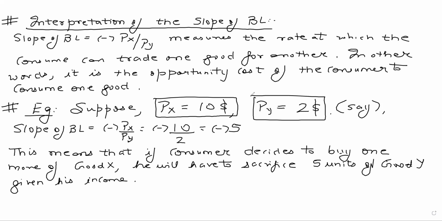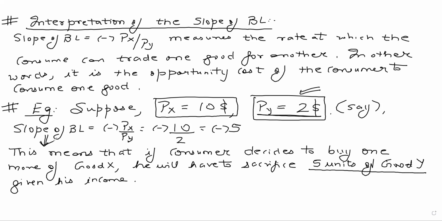With those $10, I could have bought 5 units of good Y because the price of good Y is $2. Now, when I plan to buy 1 unit of good X, I am sacrificing 5 units of good Y. So I hope students have understood how we have interpreted the slope.